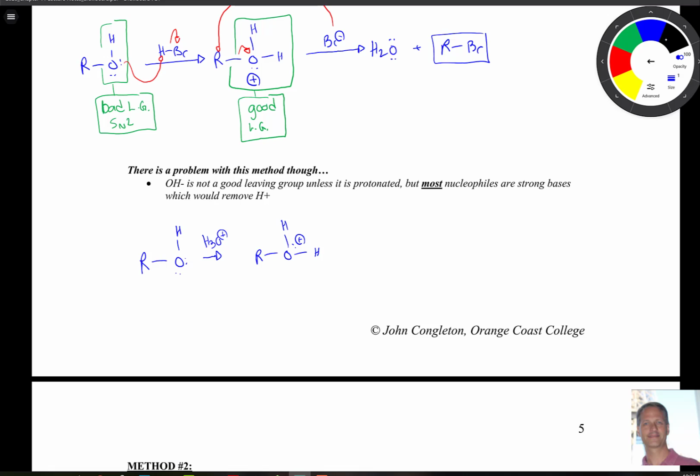Let's talk about that in a little more detail. This is important. Here again is our good leaving group. But there's a problem with this thing: it is prone to deprotonation by bases, by strong bases.